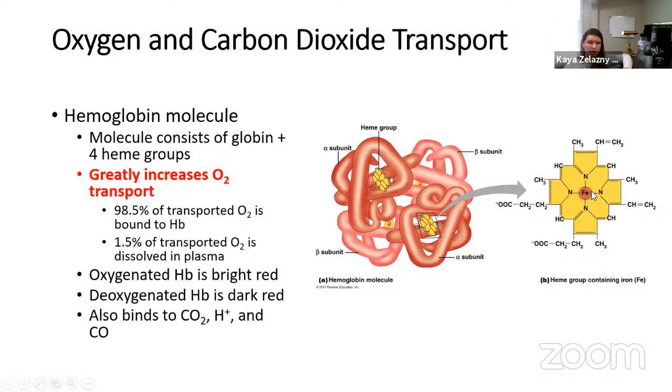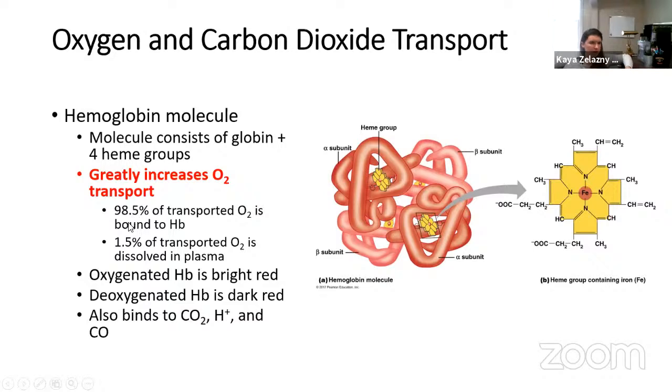Okay. So the iron basically is what allows the hemoglobin to bind the oxygen. The oxygens are going to bind in at these heme groups. In your body overall, you can transport a little oxygen in the plasma, but like 1.5% of your oxygen is in the plasma. Not very much at all.